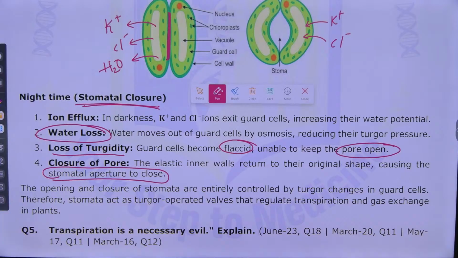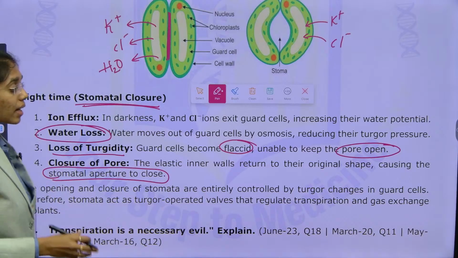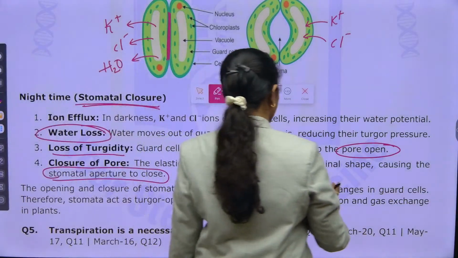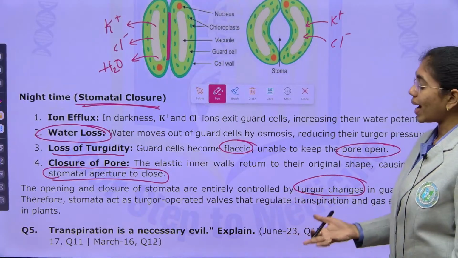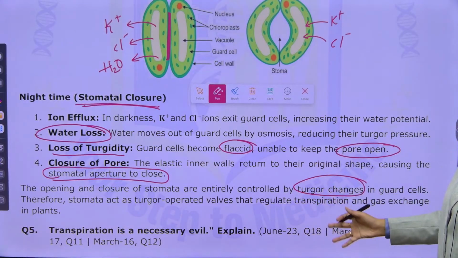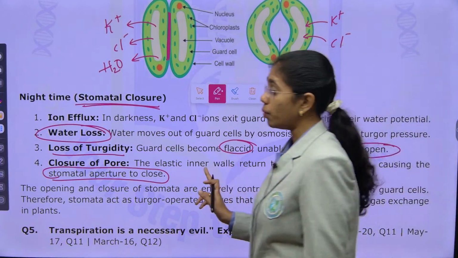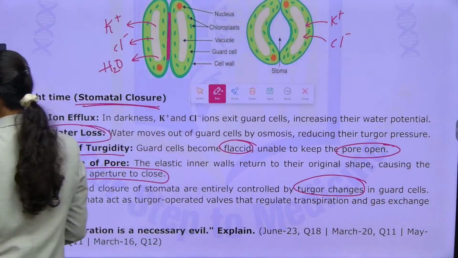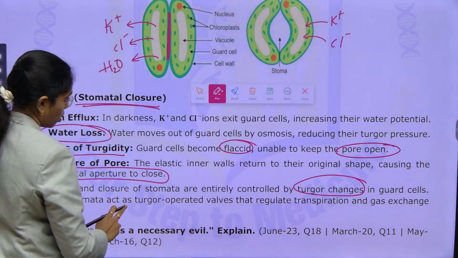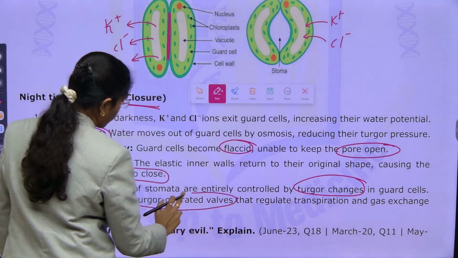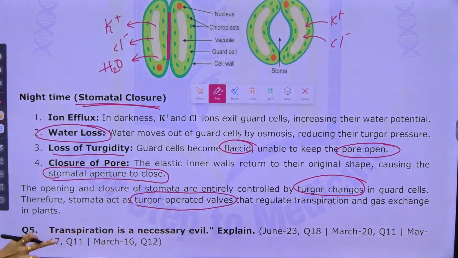So, the opening and closure of stomata are entirely controlled by turgor changes in the guard cells. Therefore, stomata act as turgor operated valves. Remember this term, very important. Turgor operated valves that regulate transpiration and gaseous exchange in the plant.